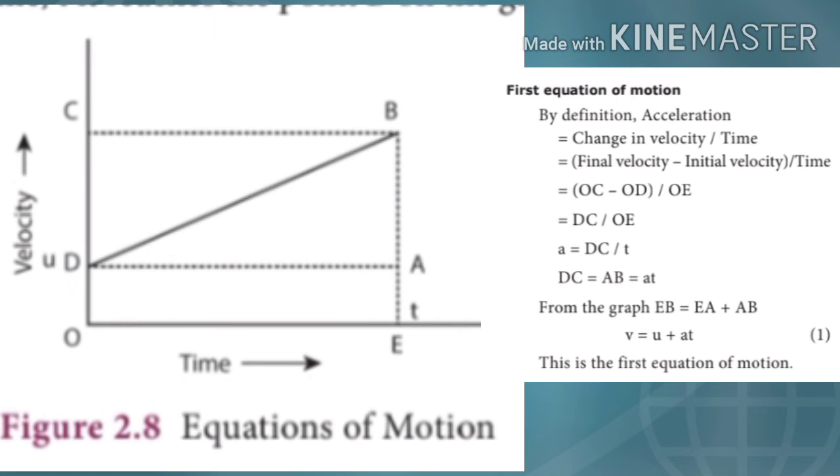So a equal to DC by time. So DC is equal to AB equal to at. From the graph EB equal to EA plus AB. So v equal to u plus at. This is the first equation of motion. So from this first equation we are able to calculate the acceleration with the change in velocity by time.